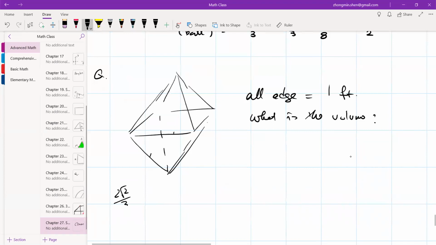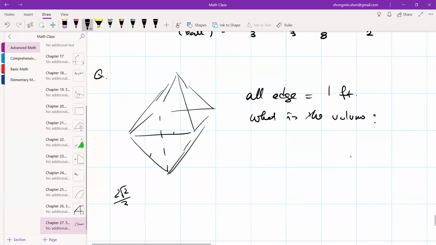Square root 3, come on, who did it? Charles did say square root 3 over 3. 7 over 8? Oh, come on, that's wrong.